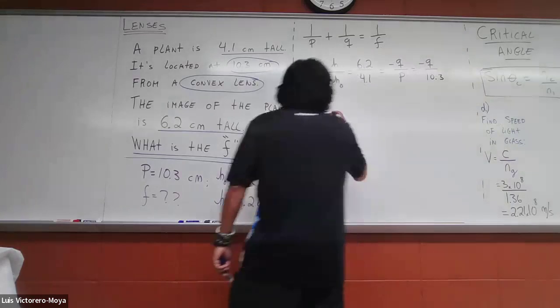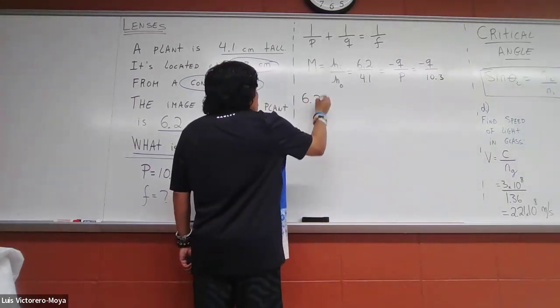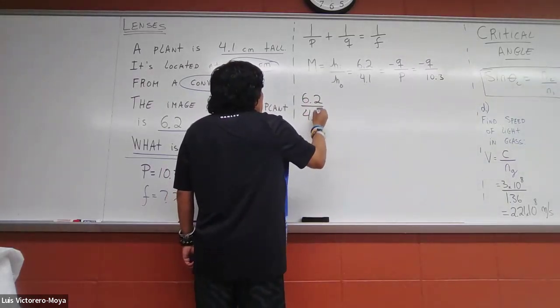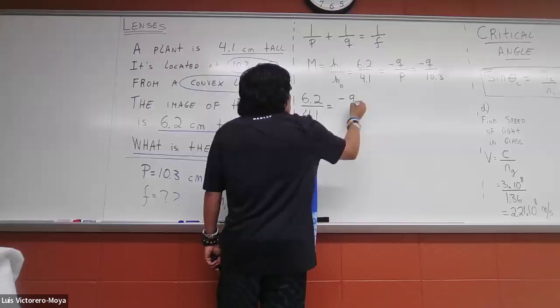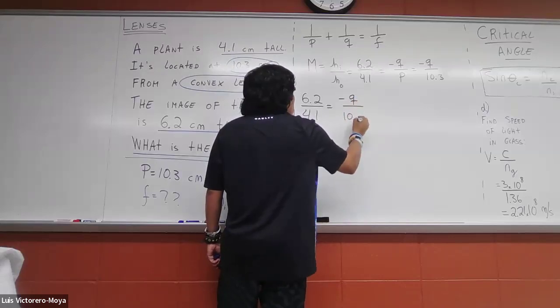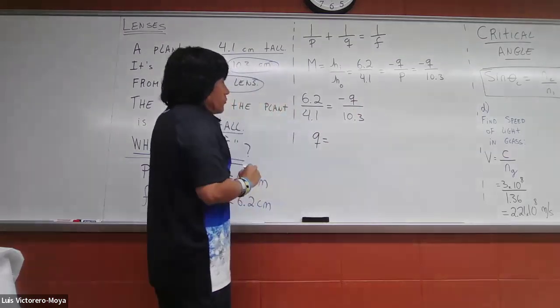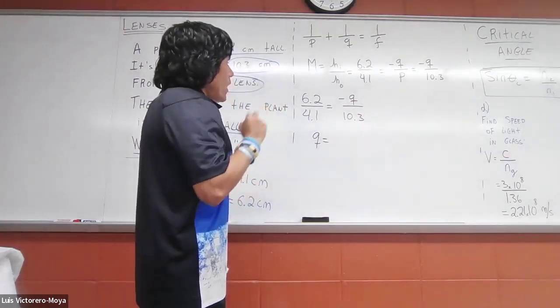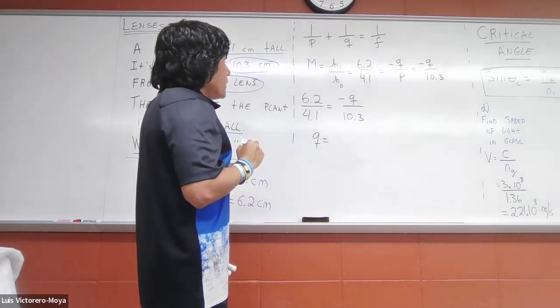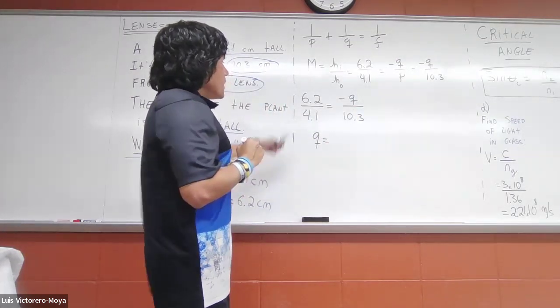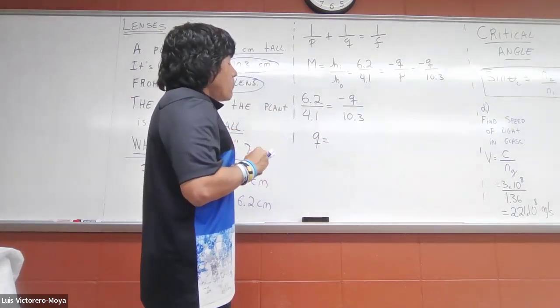So I have this equation. 6.2 over 4.1 equals negative Q over 10.3. So Q will be negative. Why am I sure that Q is negative? Because the magnification is positive.